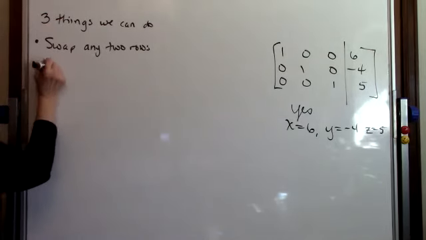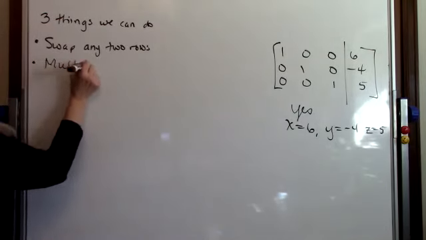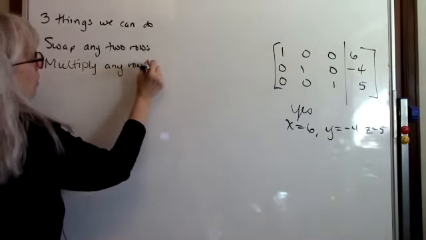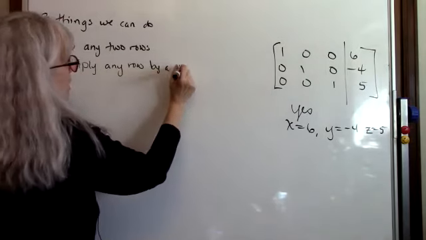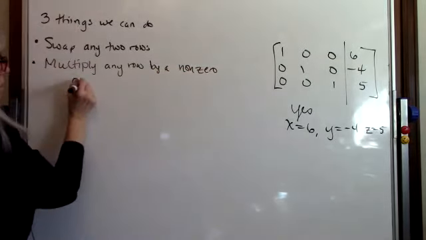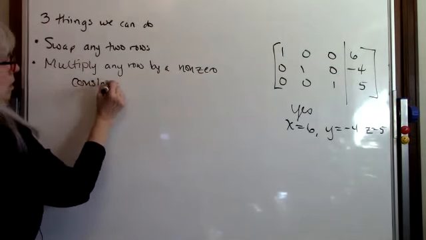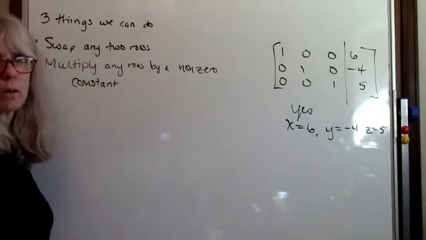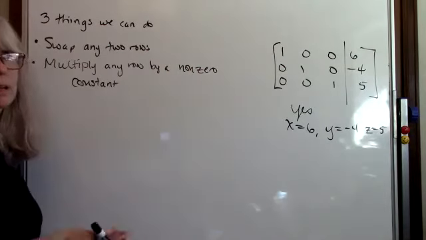You can also multiply any row by a non-zero constant. So that would be the same thing as taking your equation and multiplying it by 3, or taking your entire equation and multiplying it by a negative 2.